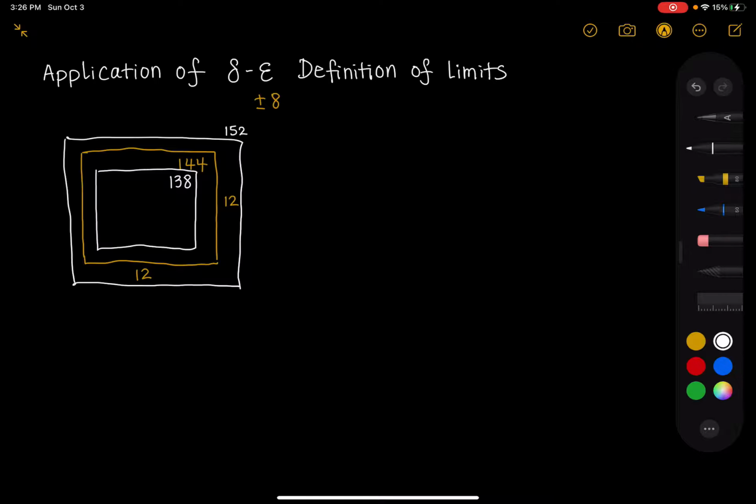Then you can also calculate: if it's 152, what is the side length? And if it's exactly 138 square centimeters, what is the side length? So we can use a function to understand what's going on and calculate our error precisely.